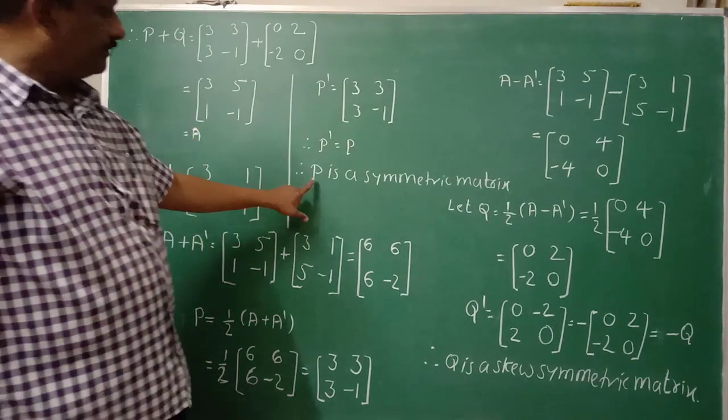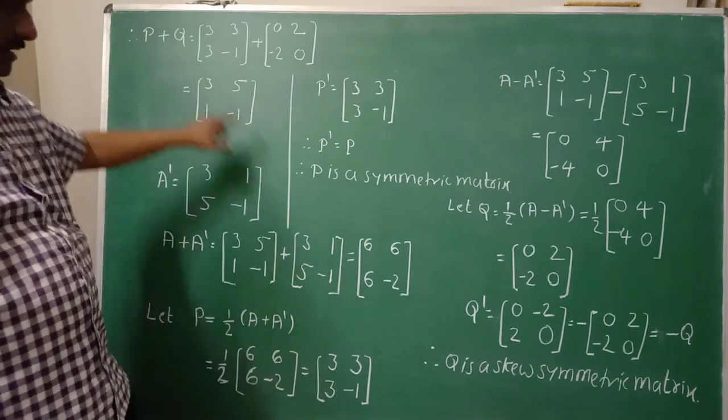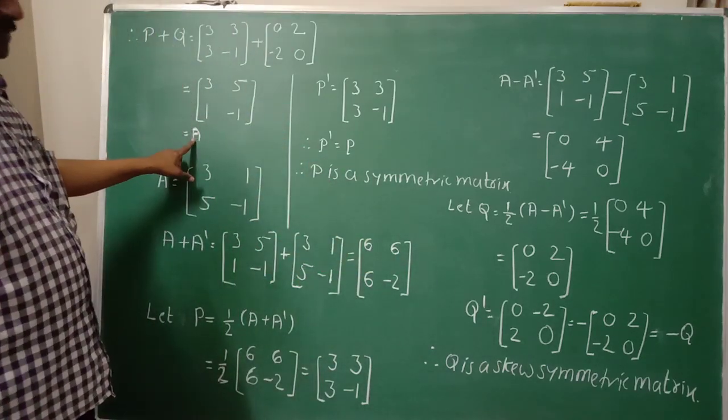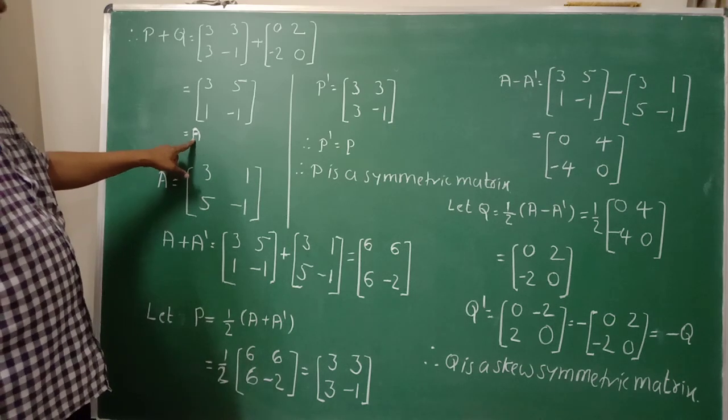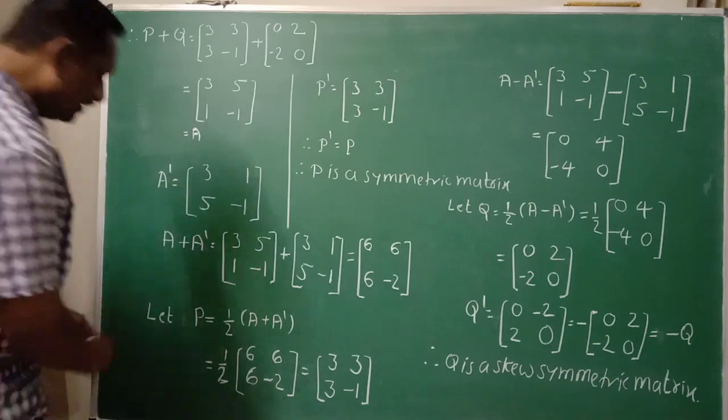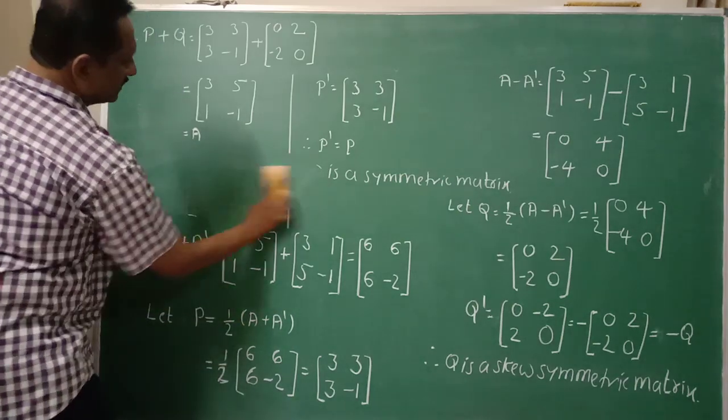Means P is a symmetric matrix, and Q is a skew symmetric matrix. So every square matrix can be expressed as a sum of a symmetric and skew symmetric matrix. Okay, therefore it is a verification.